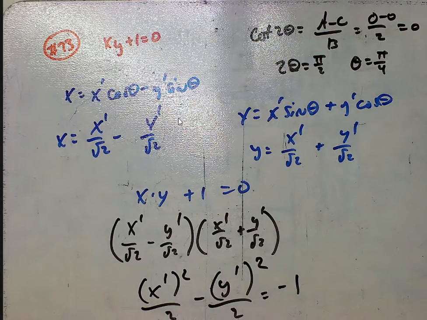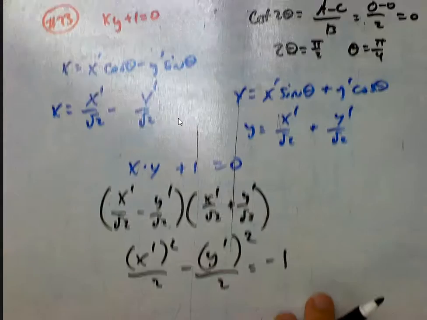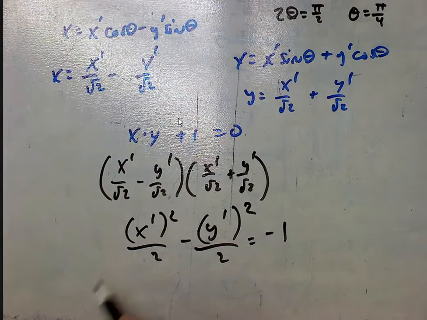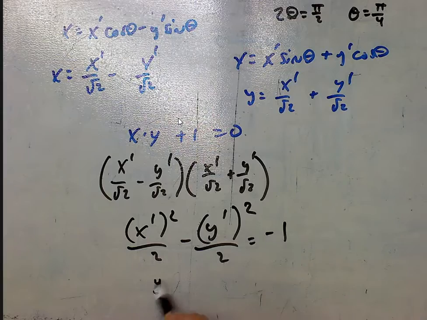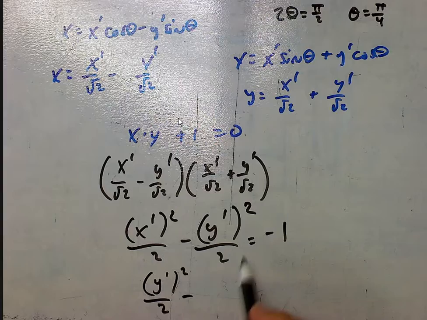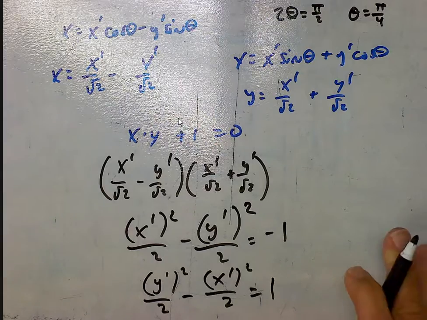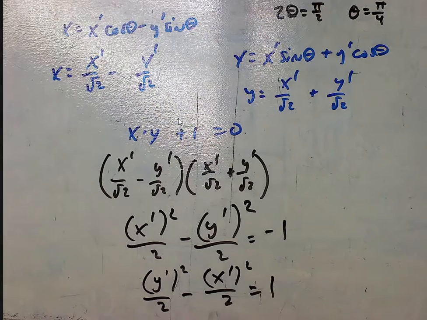Okay, so the change I have to make now is multiply everything by negative 1, and I end up with y prime quantity squared over 2 minus x prime quantity squared over 2 equals positive 1. Essentially, switch all the signs. This does not mean x to the first, it means x prime.